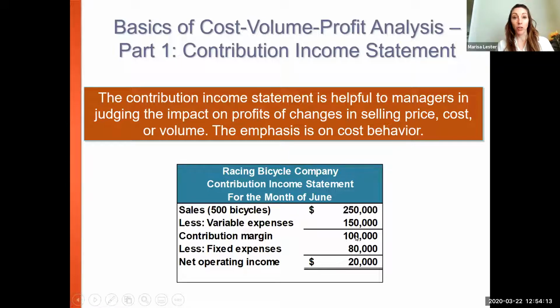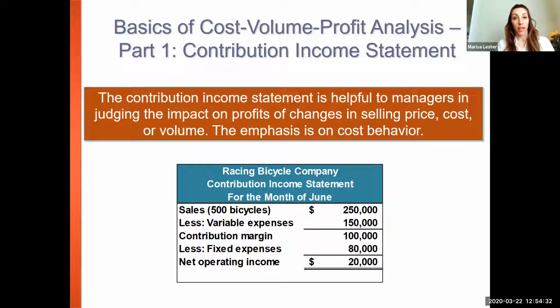So our contribution margin is what is left over after you take out your variable expenses, and it tries to cover fixed expenses. You take fixed expenses out, and what you're left with is net operating income. So this is our contribution format income statement, or contribution margin income statement.